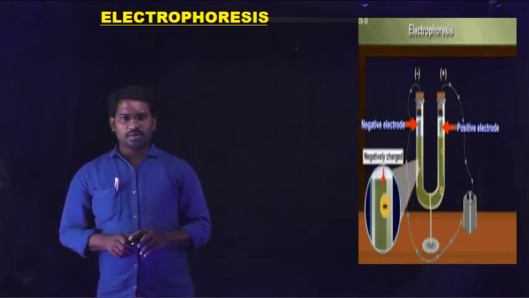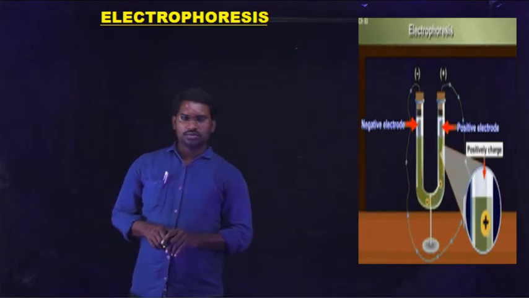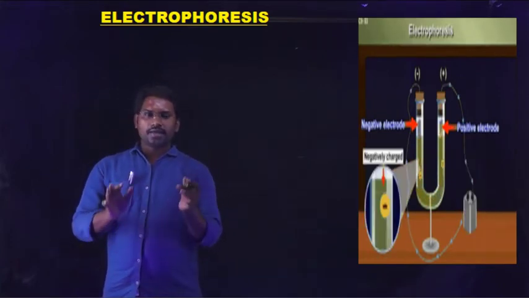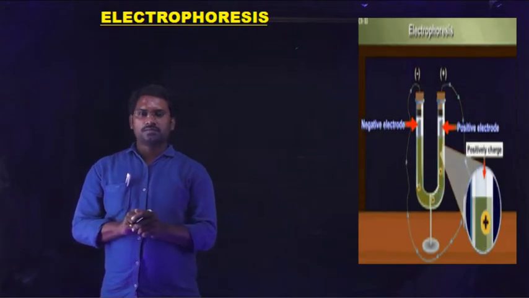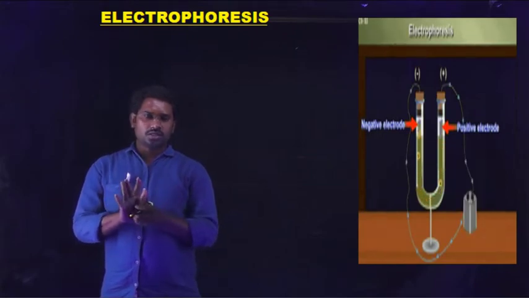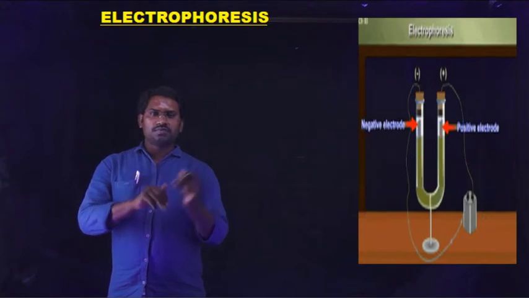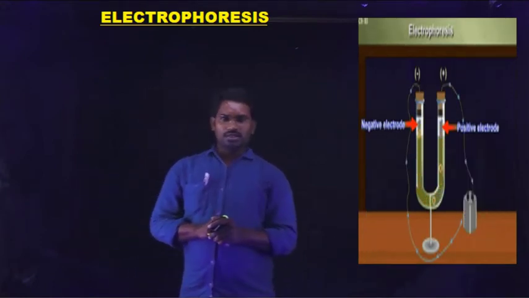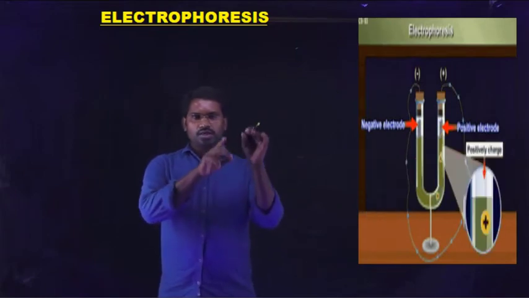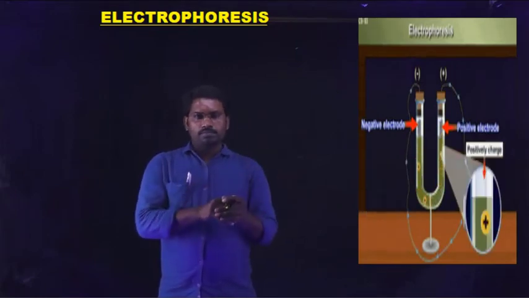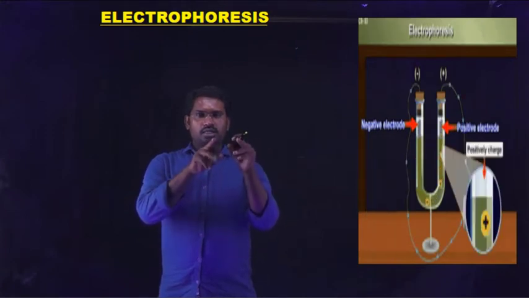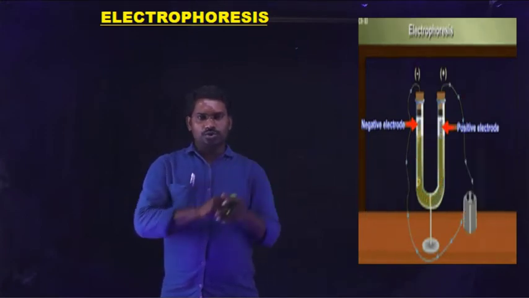So what is meant by electrophoresis? First of all, it is the movement or migration of colloidal particles towards the oppositely charged electrode. Look at the image. The colloidal solution is taken in a U-shaped tube.